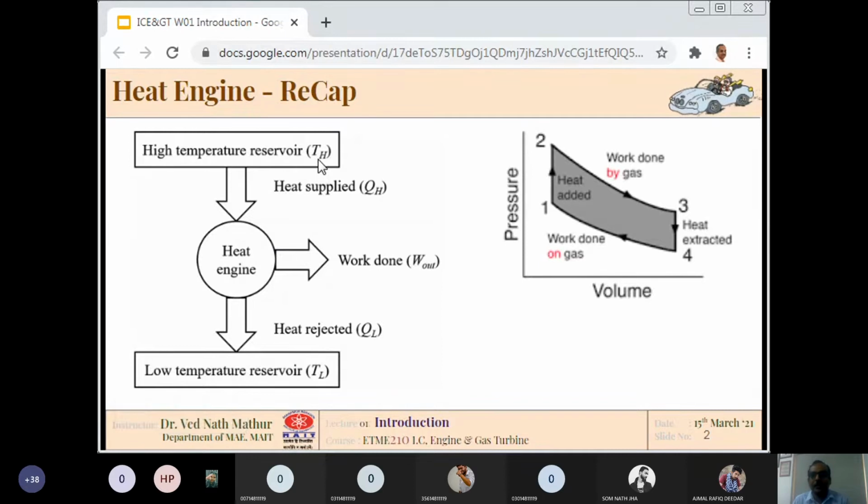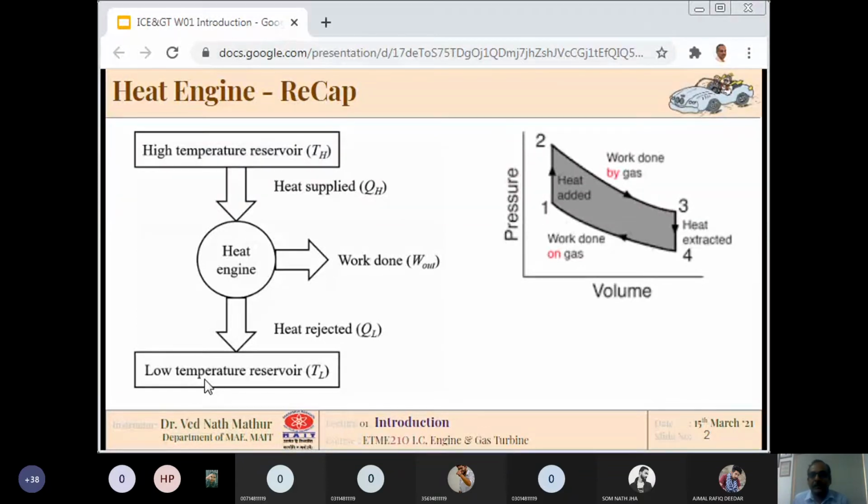TH is the temperature of the high temperature reservoir. And this engine, while working in a cyclic order, the working fluid in the engine operates in a cyclic manner. It converts some part of the supplied heat into work, W out, and rejects the remaining part to a low temperature reservoir. So in this diagram, the temperature of the low temperature reservoir is TL.